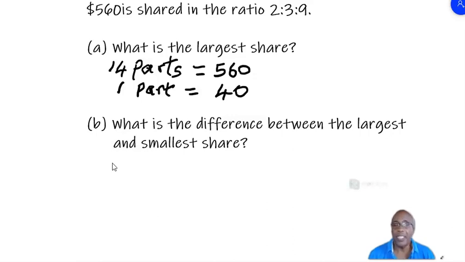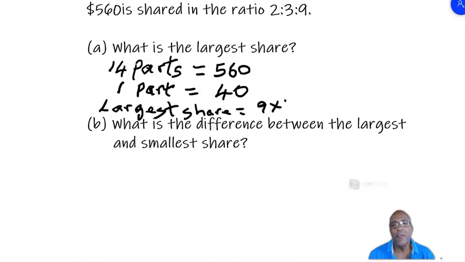So if one part is 40 and the largest share is 9 parts, the largest share will be 9 times 1 part, 40. When you multiply that, we'll get the answer as 360. Well, the unit is dollars. The largest share is $360.